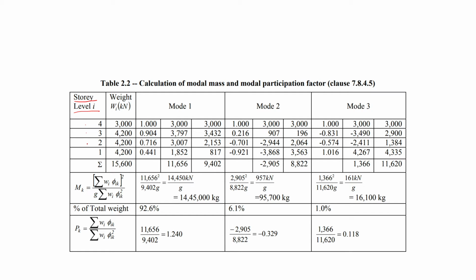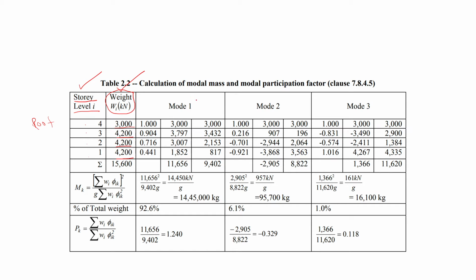Next is the weight in kilonewton. We have just calculated the weight of the roof as 3000 and the others' weight as 4200 kilonewton. Okay, 2 columns are clear to you.